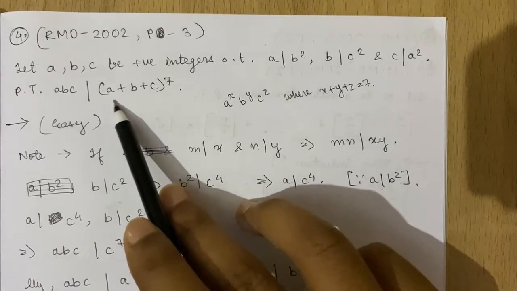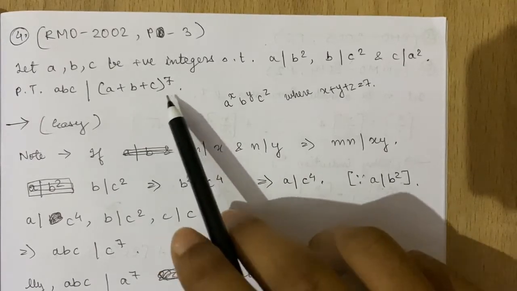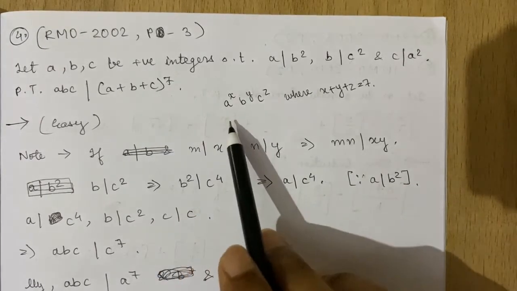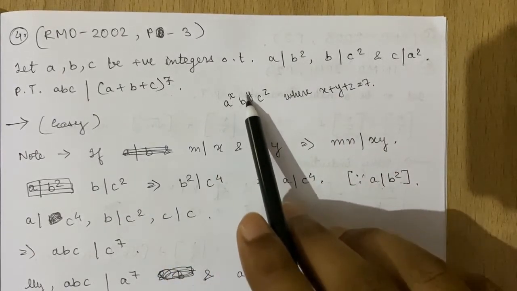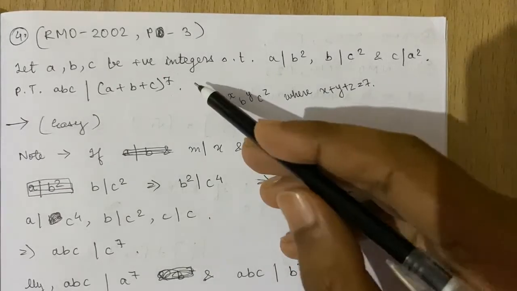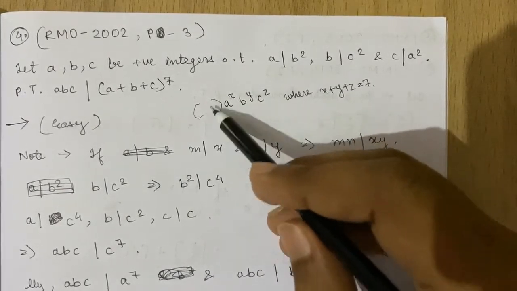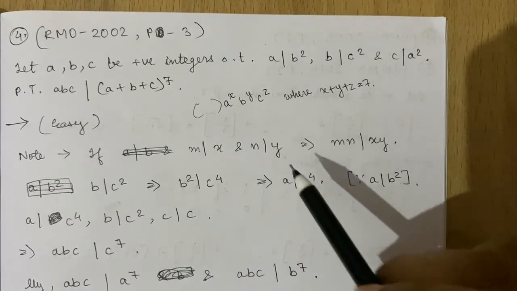So you can write this out also as well, or use something called the multinomial formula. But basically this is the idea that this would have terms of the form a^x b^y c^z, where x+y+z=7, and there would be some constants multiplied as well, because these terms could occur again.